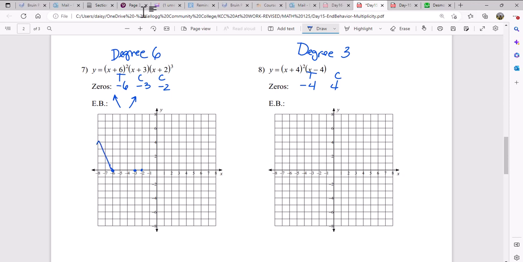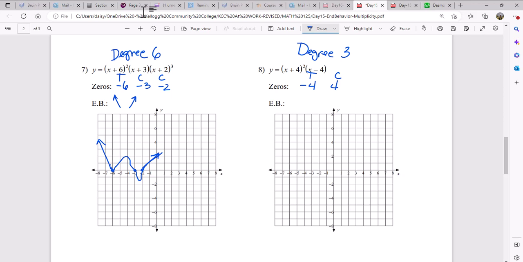So that means it's going to go up from this direction, and it's going to go up from this direction. So the question is, what does it do? Well, because there's a multiplicity of 2 at -6, that means it's going to touch here. It's going to go up from there, but at 3, -3, and -2, it's going to cross. So this is the way it's going to go. And then we can find out where the y-intercept is by plugging those values in. It's actually going to be a lot higher than what I drew it here.